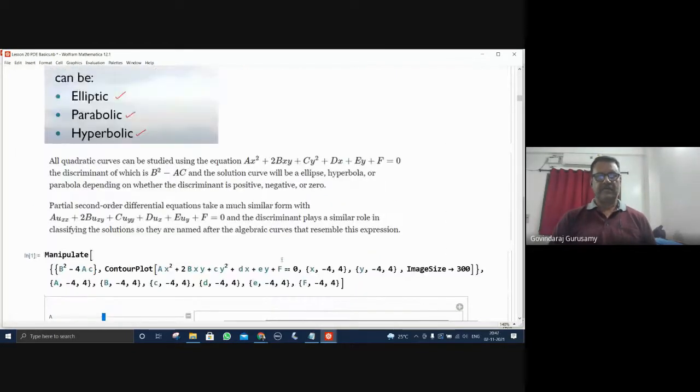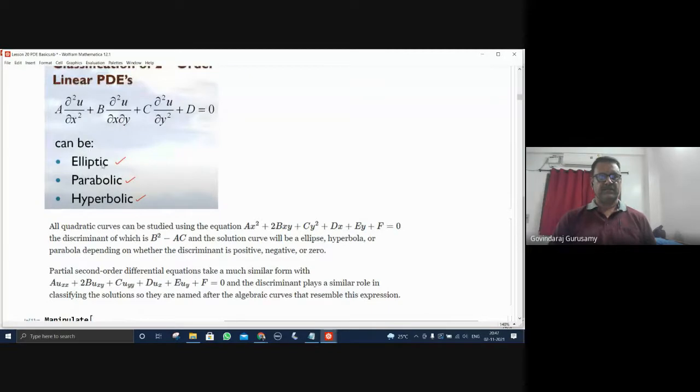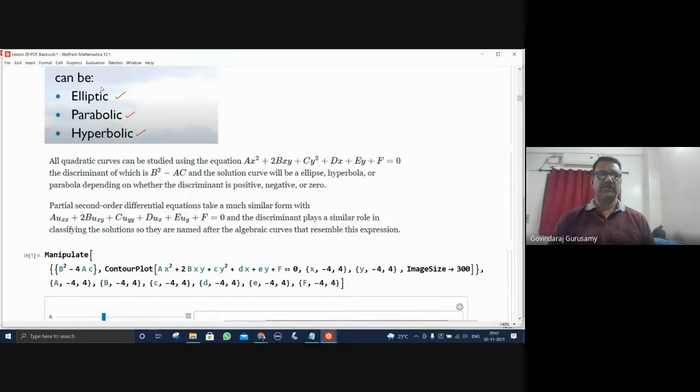Now we can clear elliptic, parabolic, hyperbolic. It very much depends on this experiment. What you have is similar to what you have in partial differential equations. Corresponding classification has been brought in. But of course, these are all earlier stage. Now there has been so much development after these nonlinears and quasi-linears.